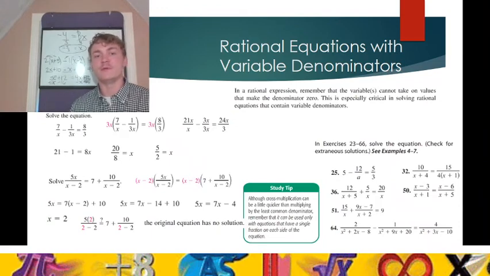Now, can this value in any way make our denominators 0? Recall that our denominators were factorable. Our first denominator was the product of x plus 4 and x minus 2. Neither of those factors, when x is negative 4/3, will make our denominator 0.